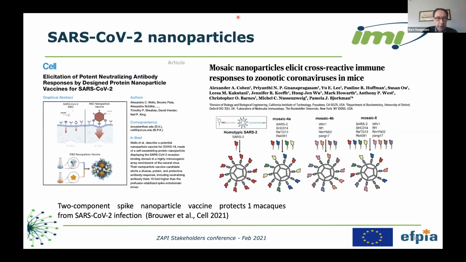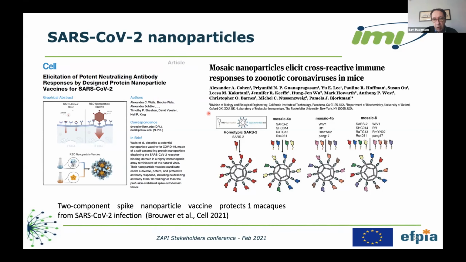But there are many different initiatives, and for example, on the left you see an article also presenting data that the nanoparticle system is suitable to induce high levels of neutralizing antibodies when using coupling of the RBD, and that's work also done by the group of Neil King. That is followed up also with the full spike protein work done in the EMC collaboration with the group of Neil King.